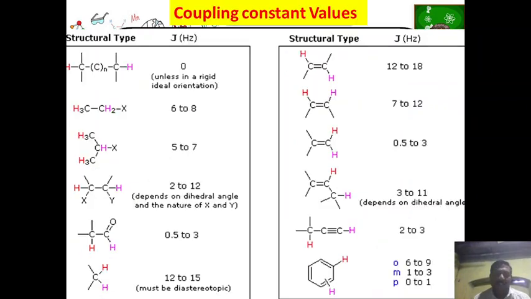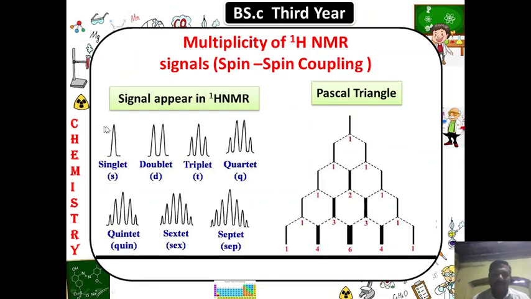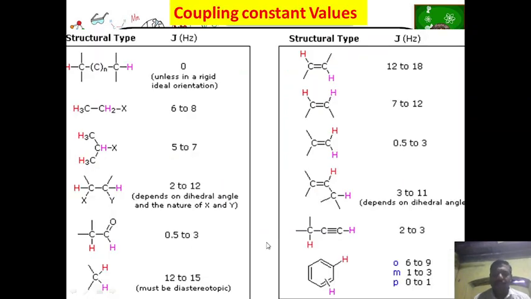Then there are different types of coupling constant. Neighboring or vicinal protons show coupling constants. What is the coupling constant? The difference from this peak to this peak is known as the coupling constant.